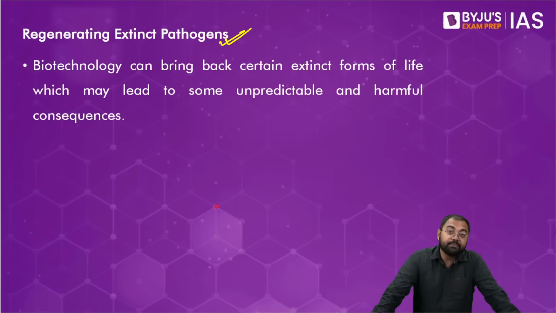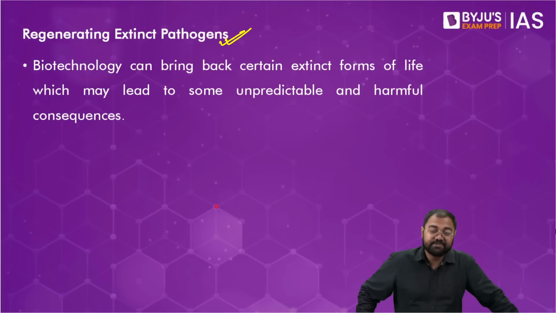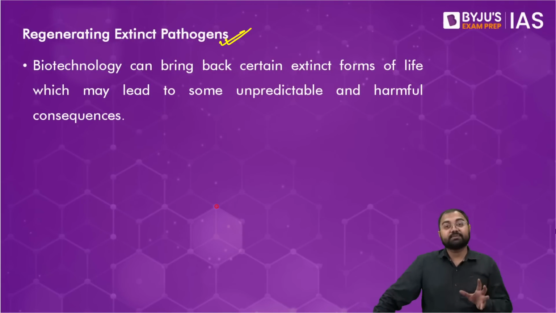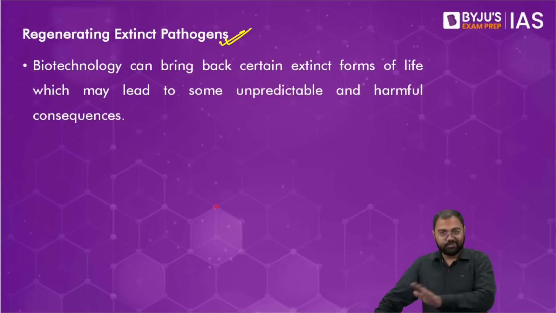Now, if you imagine how it can be used in a negative sense, consider something like smallpox, something that has been eradicated now, because there was wide vaccination all across the world so that we could eliminate smallpox. But we still know about the pox virus. There is chicken pox. There were cases of monkeypox a couple of years back.